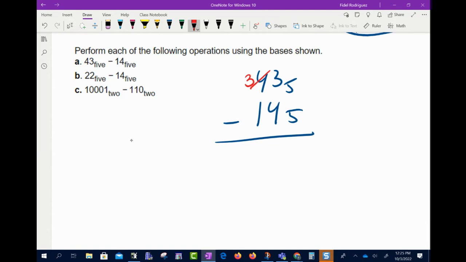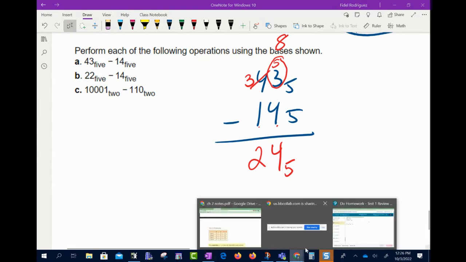I'm really borrowing a 5. So if I'm really borrowing a 5, I'm really adding those numbers together. 5 and 3 is going to give me an 8, right? So now what's 8 minus 4? 4. And now we can say 3 minus 1 is 2. So my answer is 2, 4, base 5, okay?